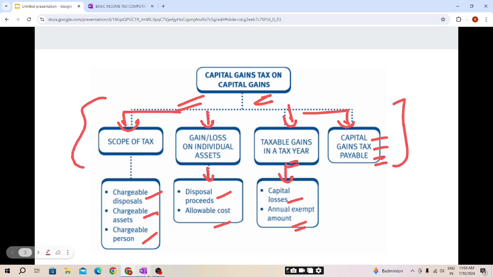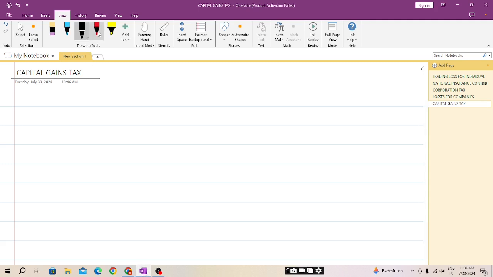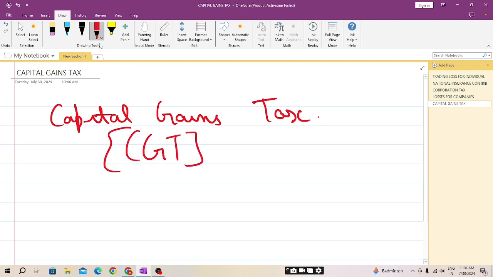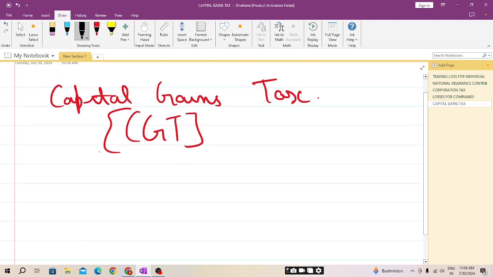Students, the capital gains tax, known as CGT, will be tested in your examination for 10 to 15 marks.